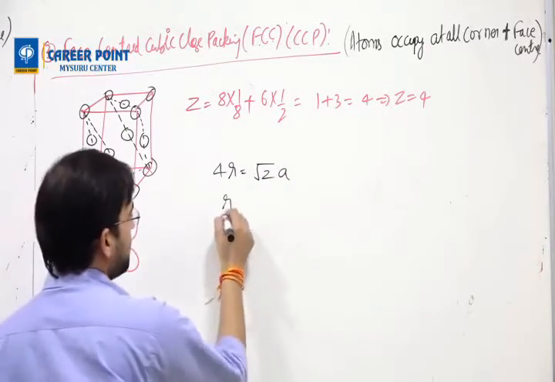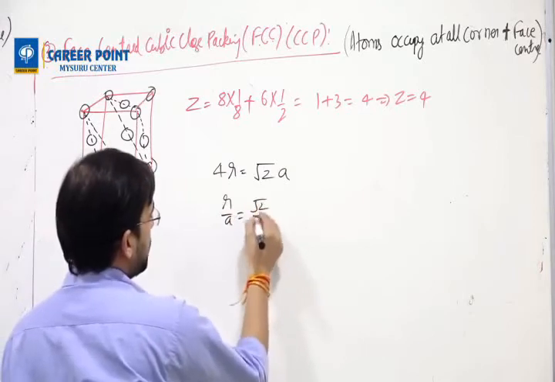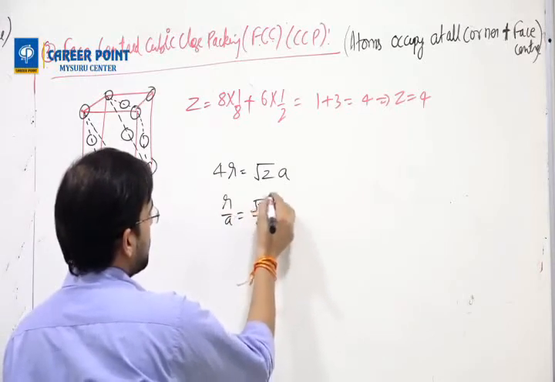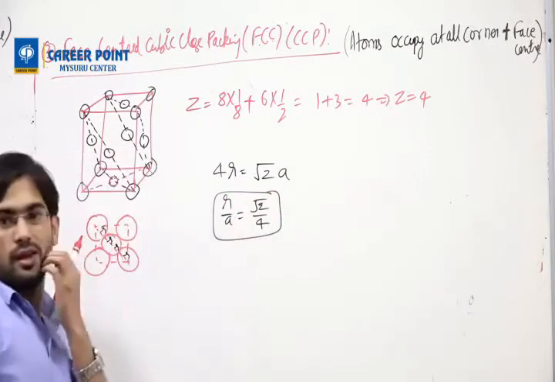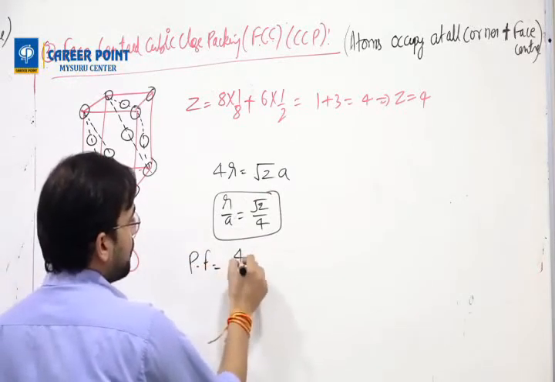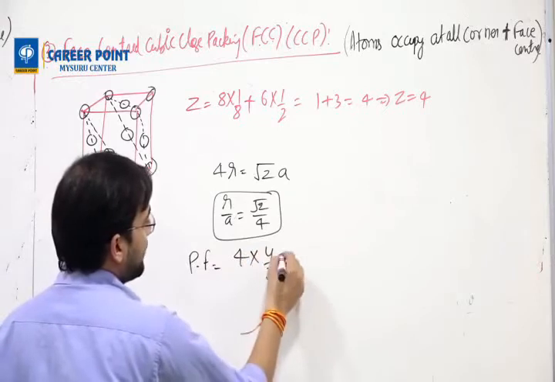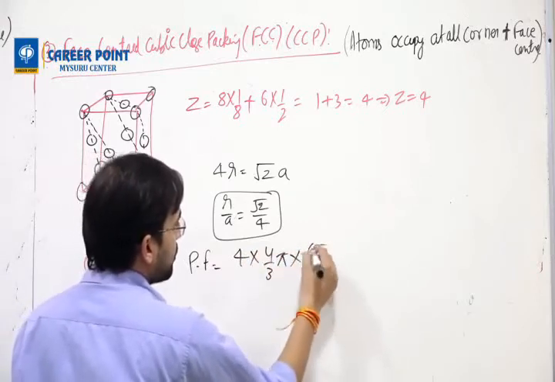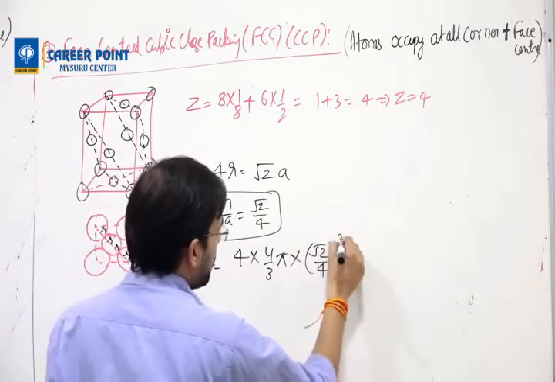So R by a equals root 2 by 4. Packing fraction equals 4 into 4 by 3 pi into root 2 by 4, whole cube.